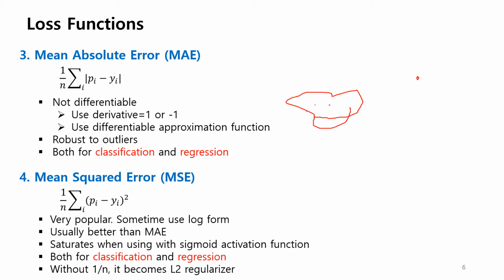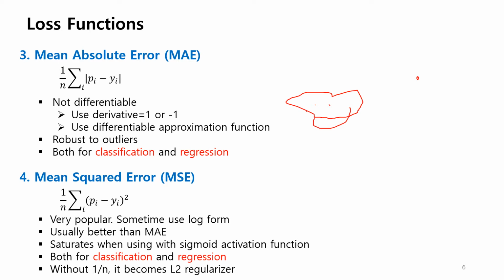So in that sense, this is the size of error for this particular outlier with MAE, and this is the size of error with MSE. If you compare these two, the MSE value is much higher because it is squared, okay? So in that sense, we say MAE is more robust to outliers than MSE.